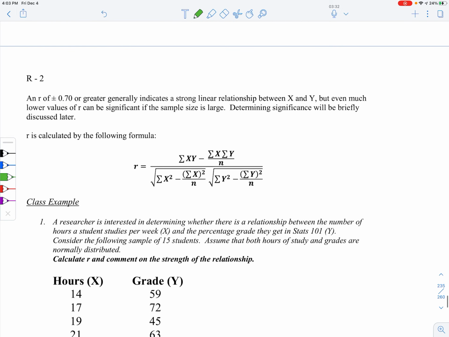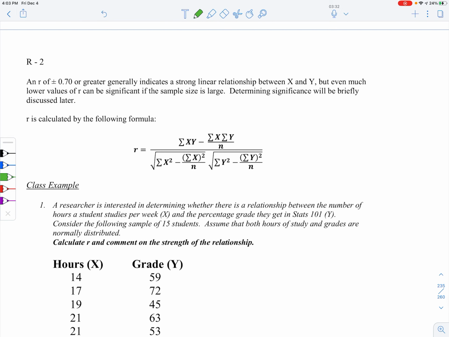Let's take a look at how you calculate r. Just a note before we get there, and that is, it says here, an r of plus or minus 0.7 generally indicates a strong linear relationship between x and y. But you can still have lower values of r that are still significant. Now, that will have more meaning when we get into Business 307. We're asking if they're significantly positive or negative.